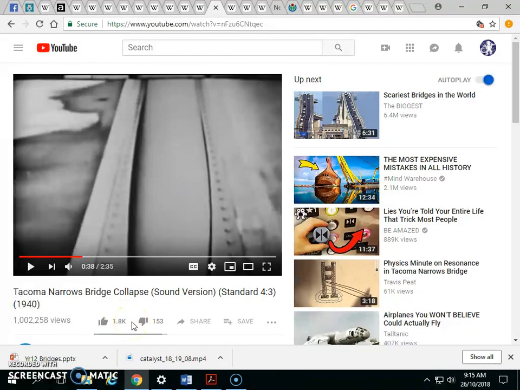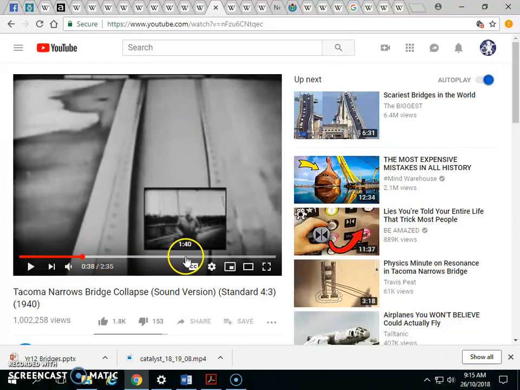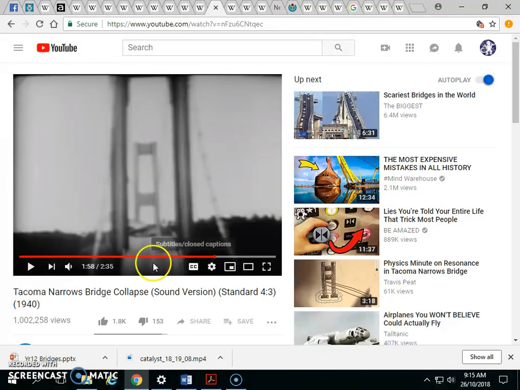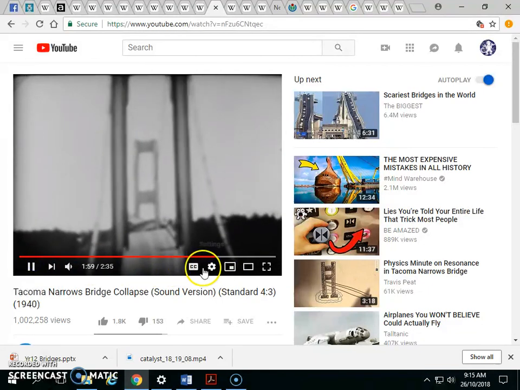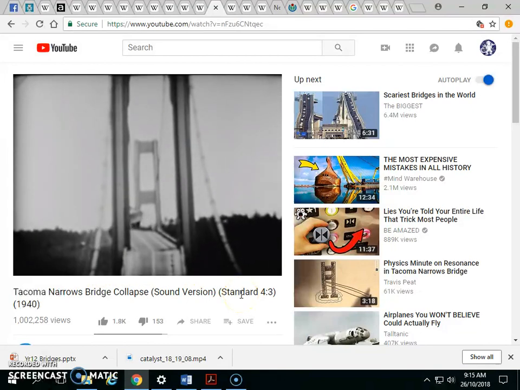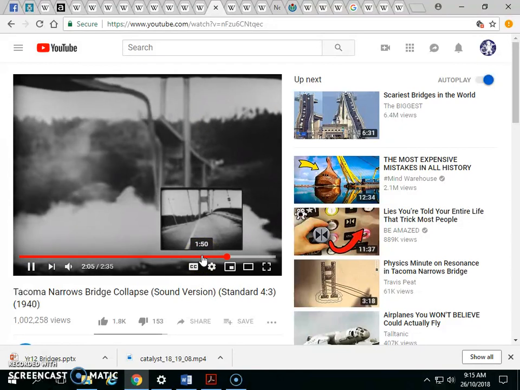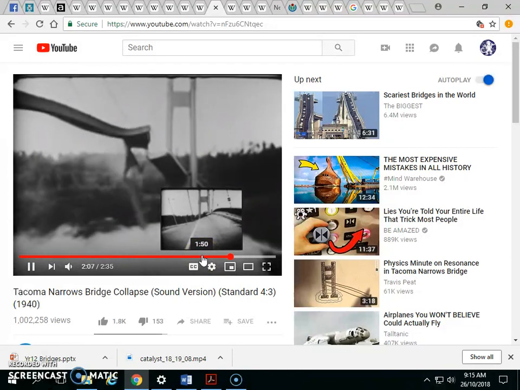The bridge was strong enough, but it doesn't matter if the bridge is strong enough. What matters is that people have confidence that it's going to be safe. In this case, the problem is also that you can have harmonic motion. Eventually, the bridge starts to wobble back and forth to a point where it starts messing everything up.